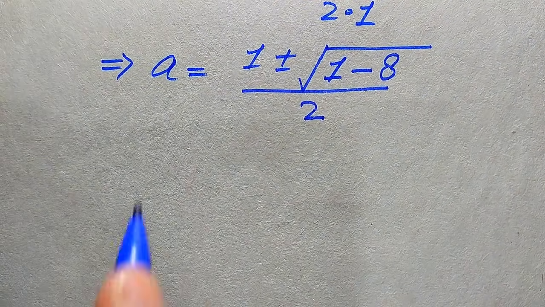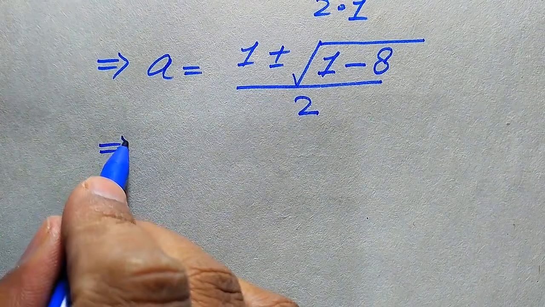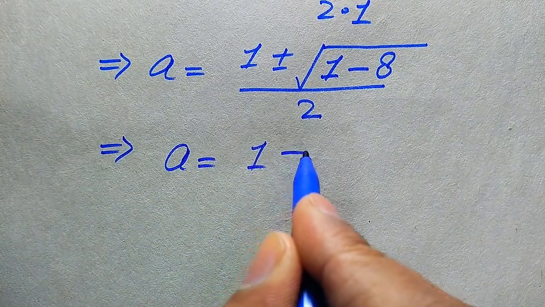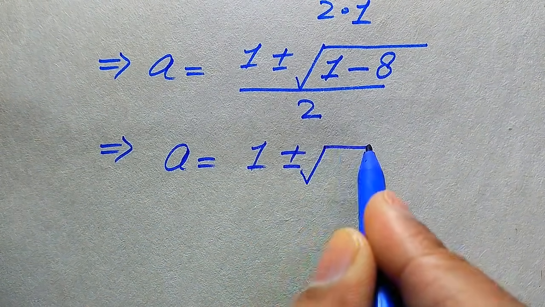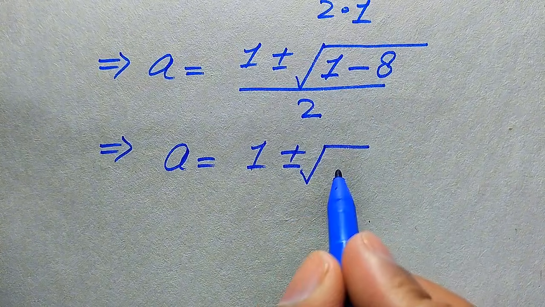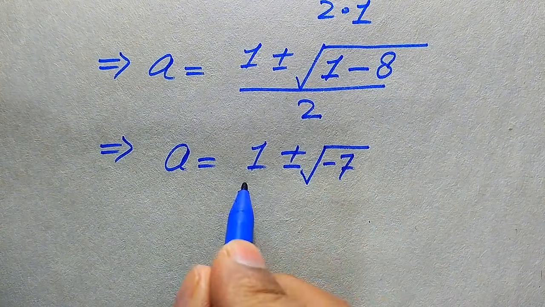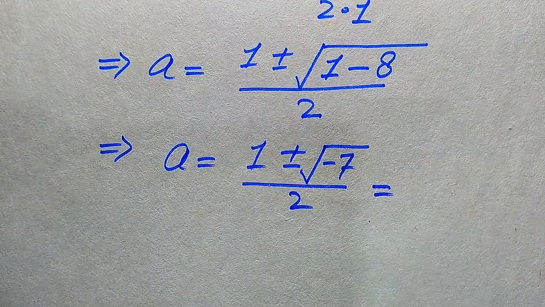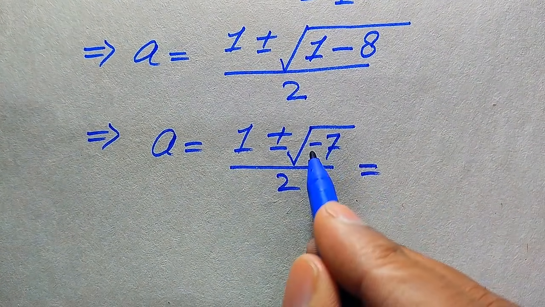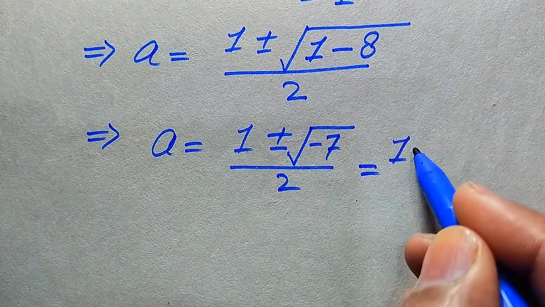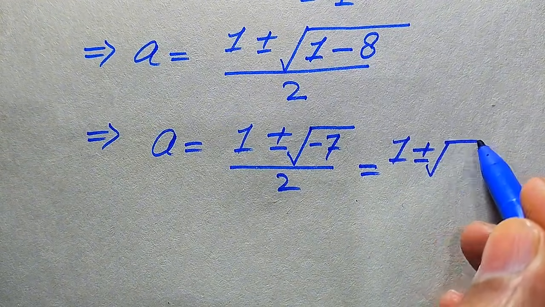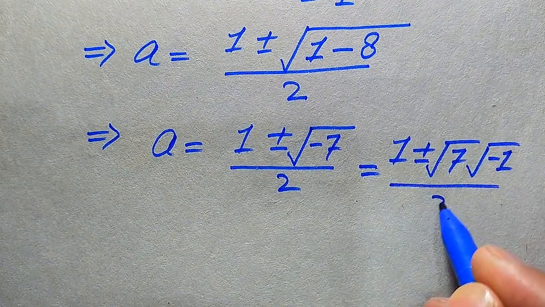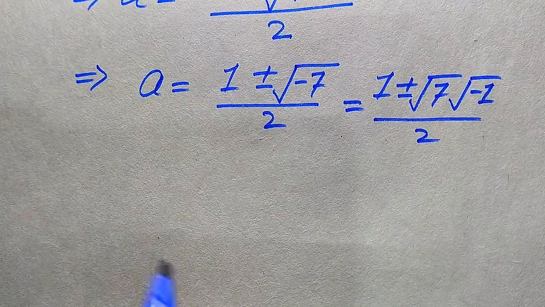And now in the next step we simplify a little more, and it will be written as a is equal to 1 plus minus square root of 1 minus 8, which becomes minus 7, divided by 2. Here we apply the square root separately on the negative term and 7, and it will be written as 1 plus minus square root of 7 into square root of minus 1, divided by 2.